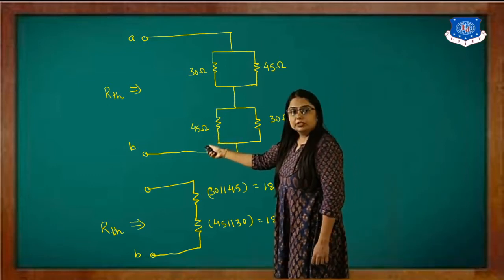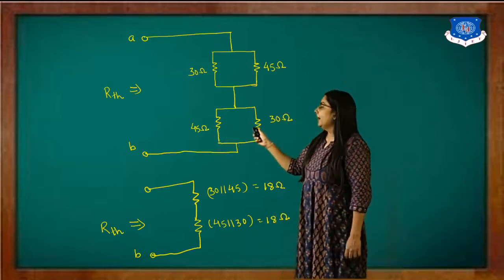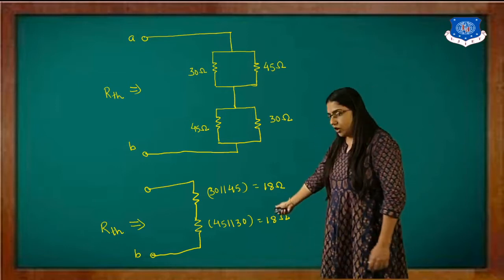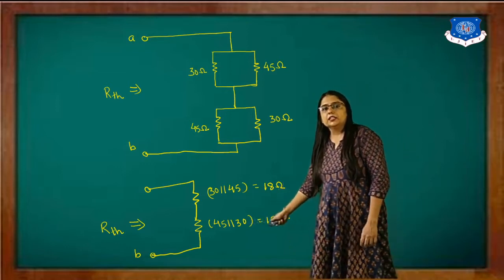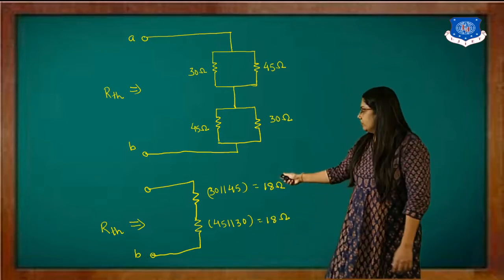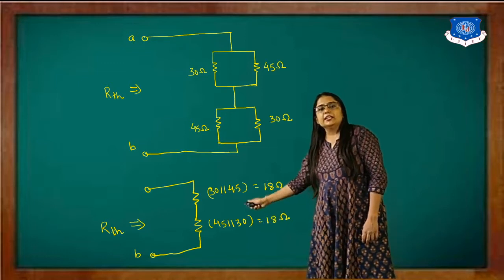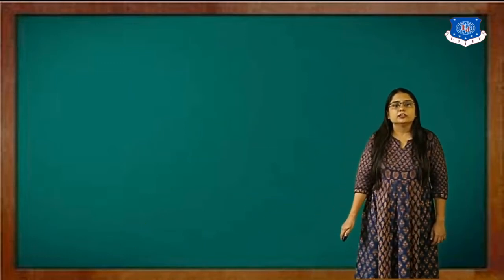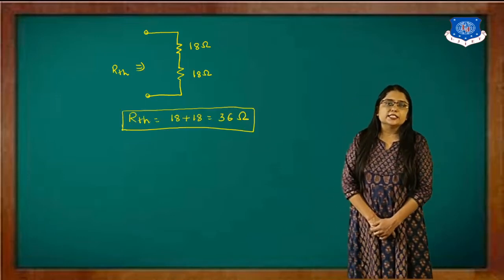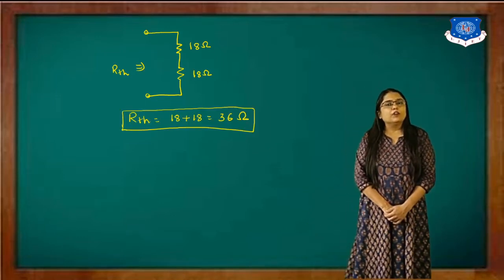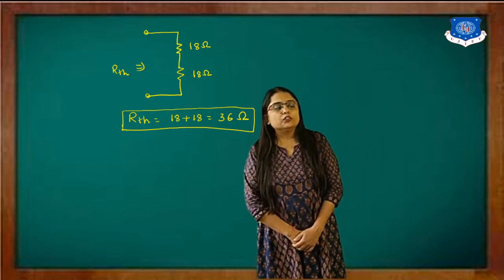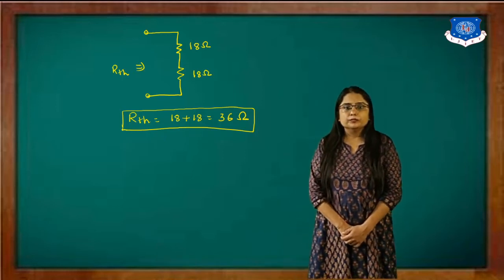Similarly, here also there are two resistors, 45 and 30, connected in parallel, which is again 18 ohm. Now these two resistors are connected in series, 18 and 18, so the value of RTH will be 18 plus 18, which equals 36 ohm.